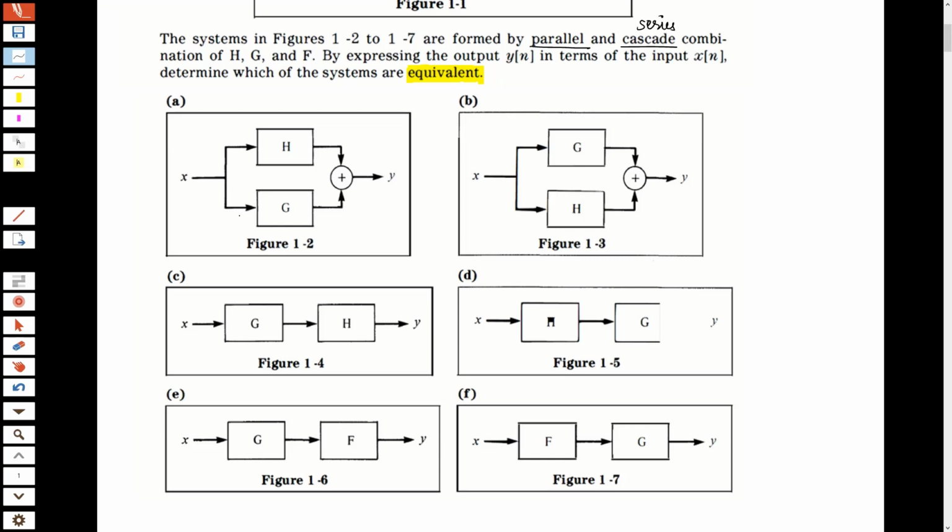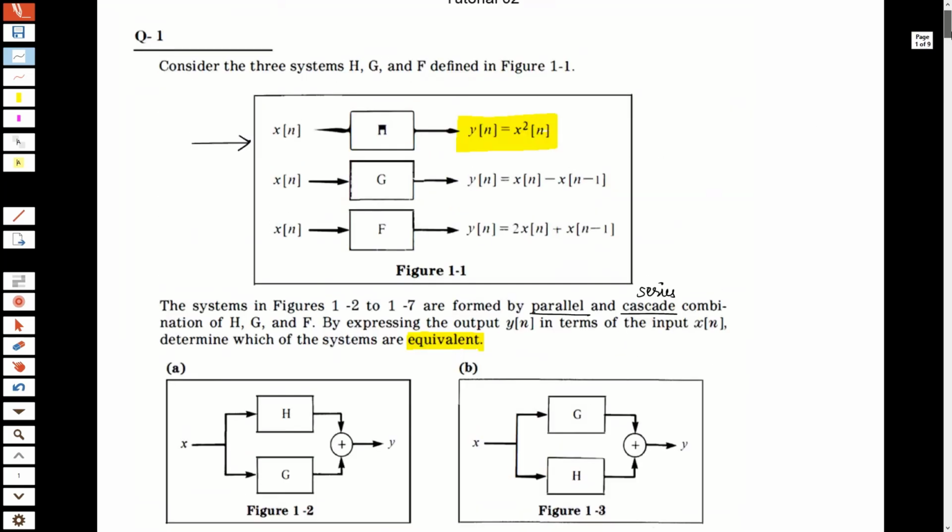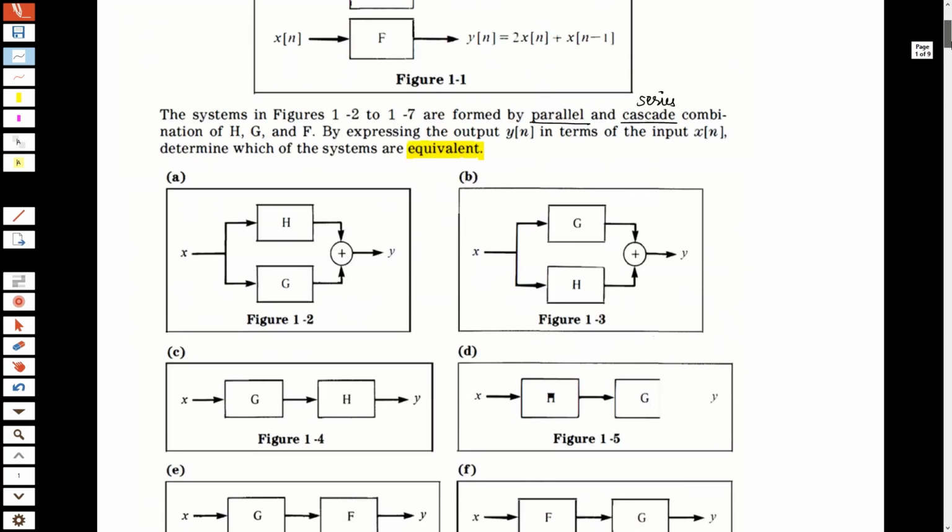So to start with, what we'll do is for each of these, we will write the output y[n] in terms of x[n]. We already know from above what each of these H, G, and F actually do. So if x is the input, H gives us the square of that input, right?